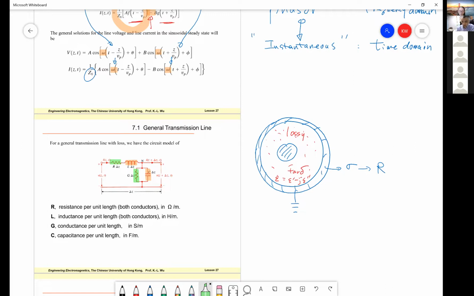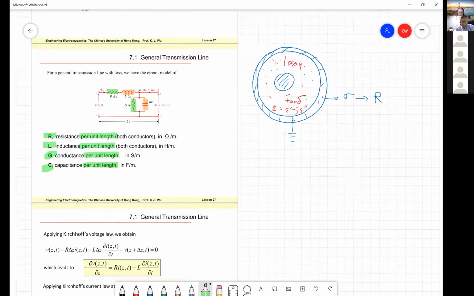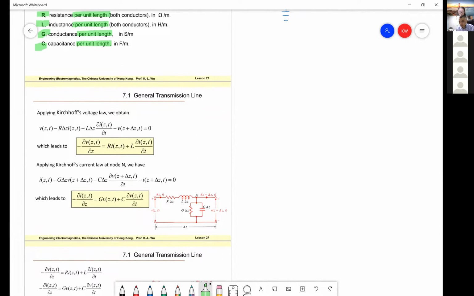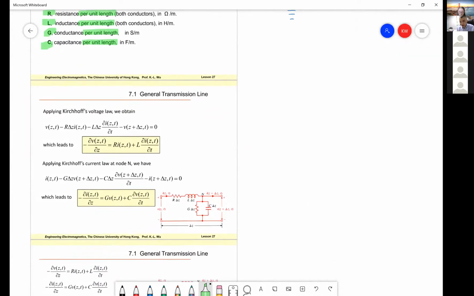Now we understand this is all circuit parameter per unit length. I emphasize this is all per unit length.